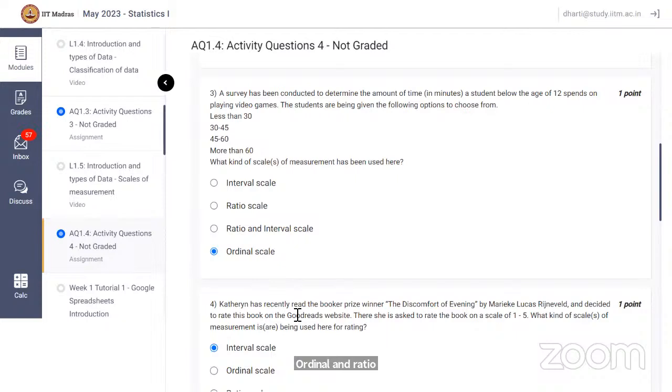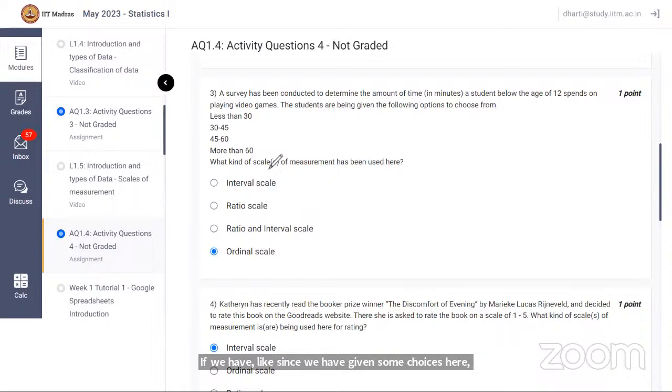See here, since we have given some choices like A, B, C, D, it's going to be an ordinal scale. Otherwise, it would be a ratio scale or even interval. It's obvious that if something has a ratio scale of measurement, it has interval also, right?